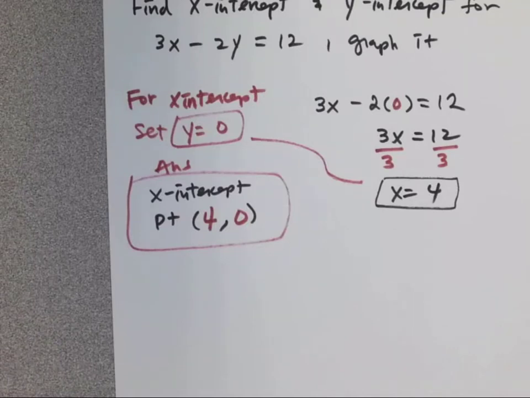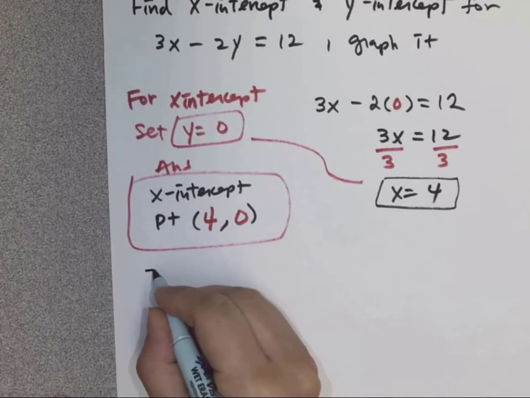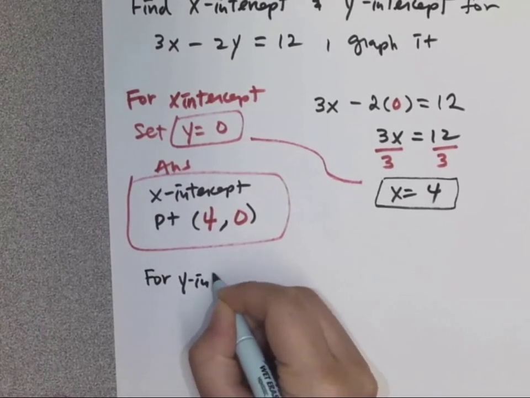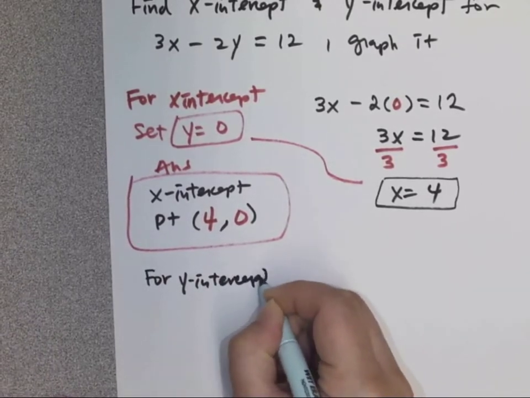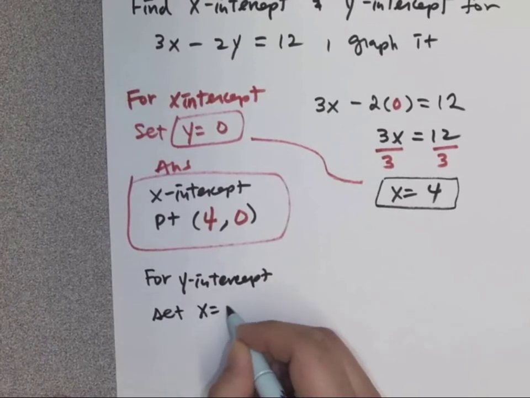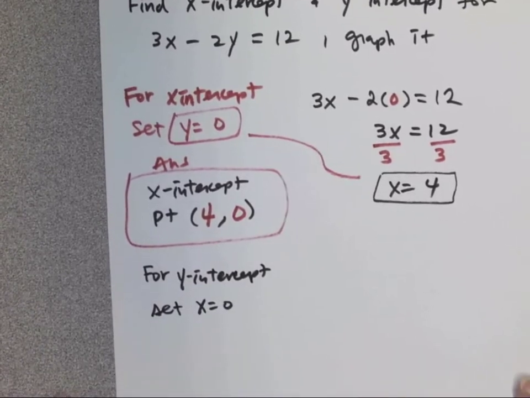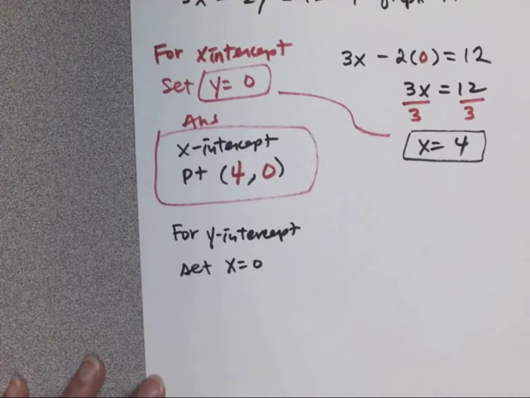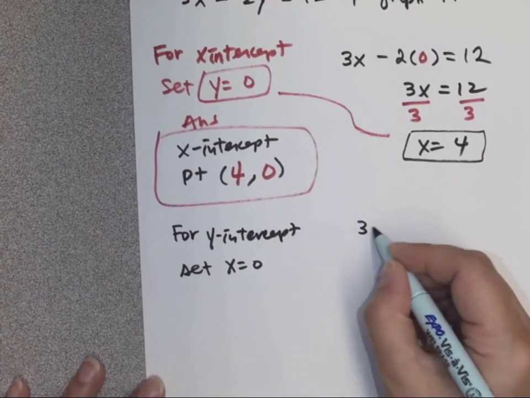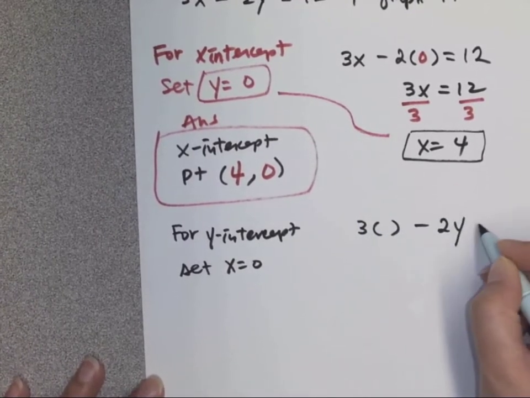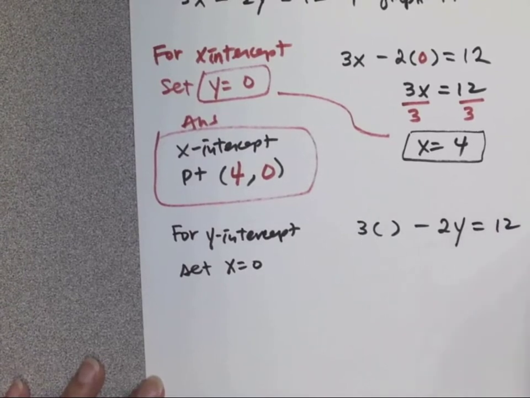Okay, so for the y-intercept, you will set x equal to 0. So if x equals 0, we get 3 times 0 minus 2y equals 12, right? Go ahead and see if you can find the answer for me.